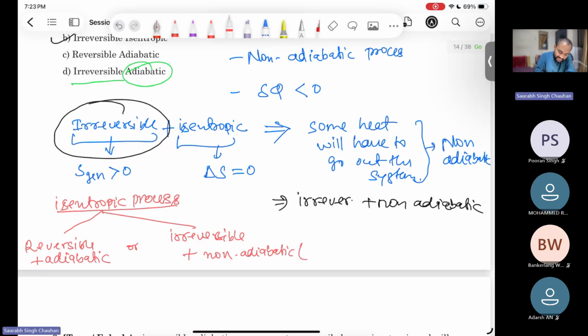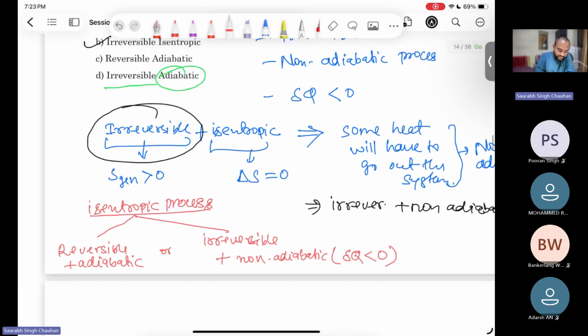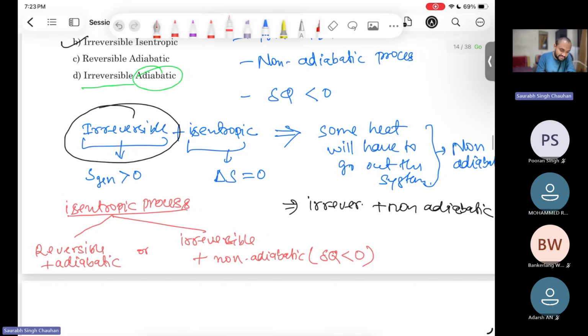And in the non-adiabatic case, heat transfer will be from the system to the surrounding. So the isentropic processes can either be reversible adiabatic or irreversible non-adiabatic.